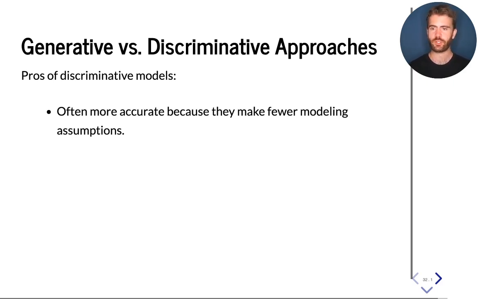So if you think, especially modern applications that involve neural networks or deep learning, these are mostly discriminative algorithms. And in applications like image classification or machine translation or summarization, these are mostly forms of discriminative models. These are variants of discriminative models.